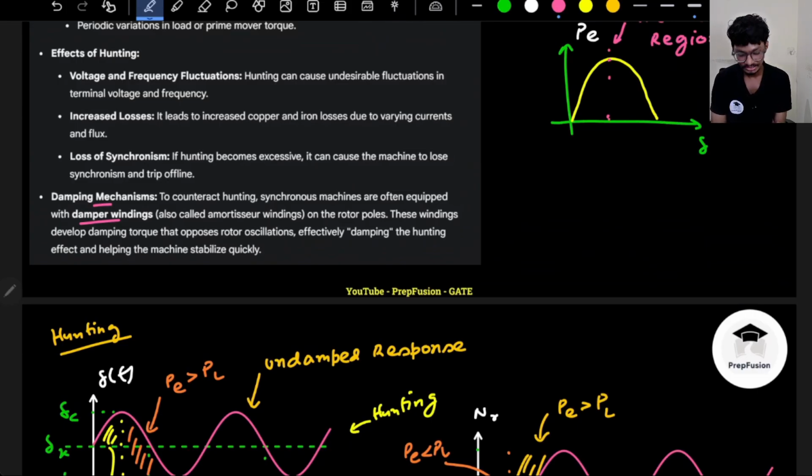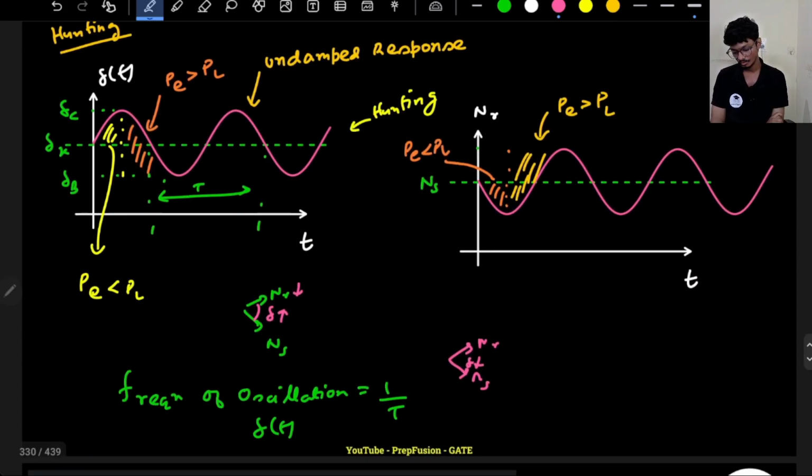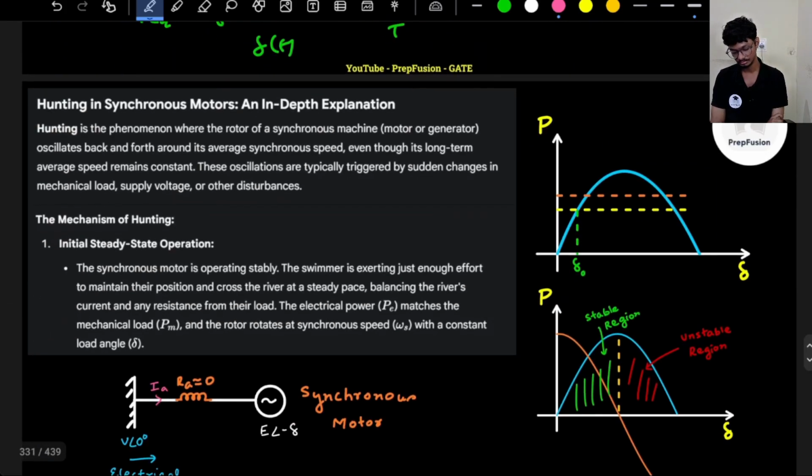Damper windings are windings connected on the rotor poles. These windings develop a damping torque that will oppose the rotor oscillations, effectively damping the hunting effect and helping the machine to stabilize quickly. We will see what a damper winding is.